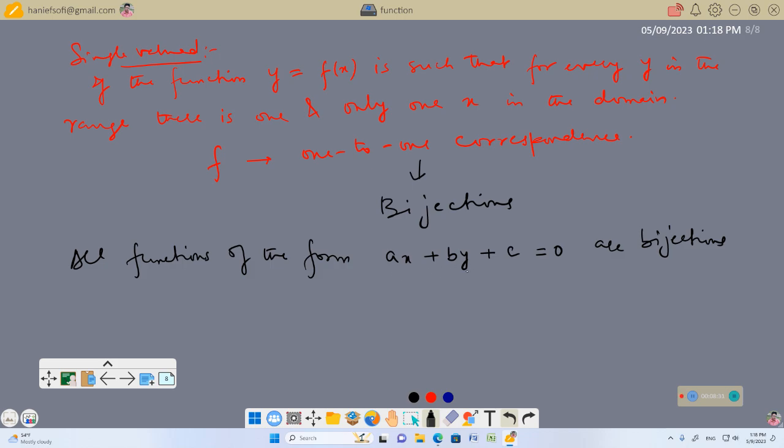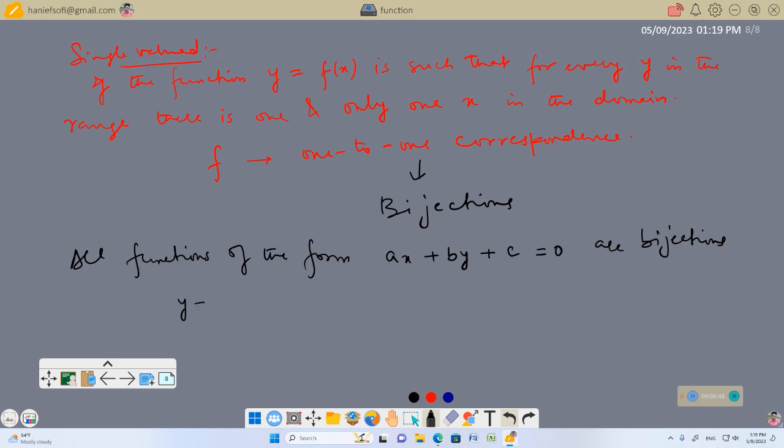Whenever you have a, b, c constants, whenever you have such kind of function, which can be expressed this way, ax plus by plus c is equal to 0, then those functions are one-to-one correspondences or bijections.